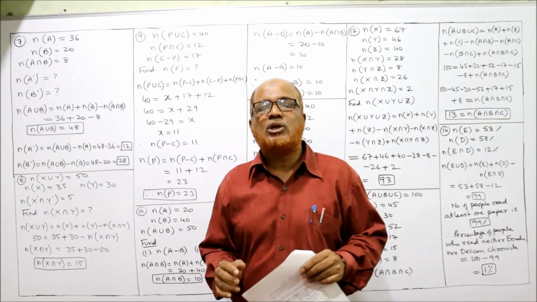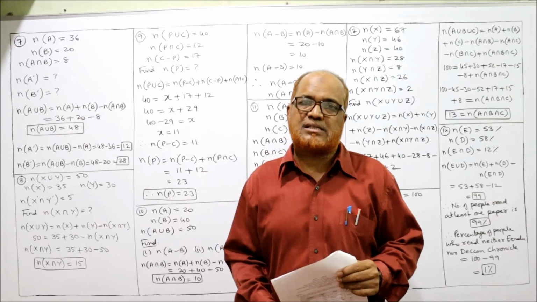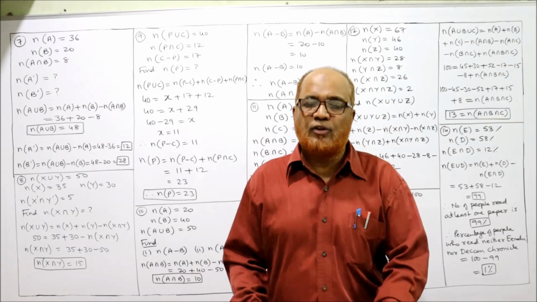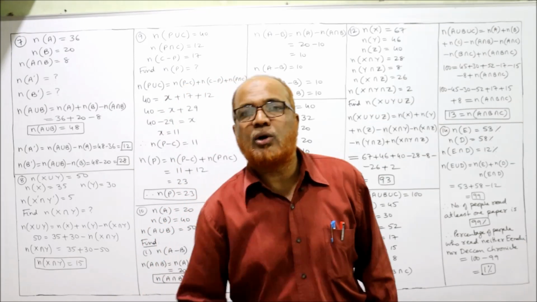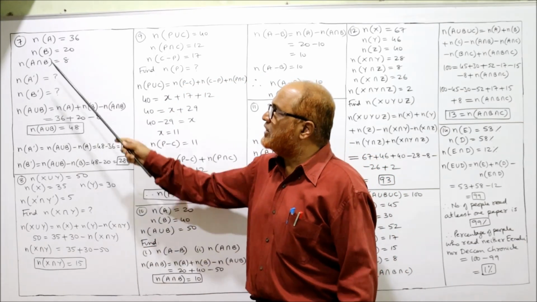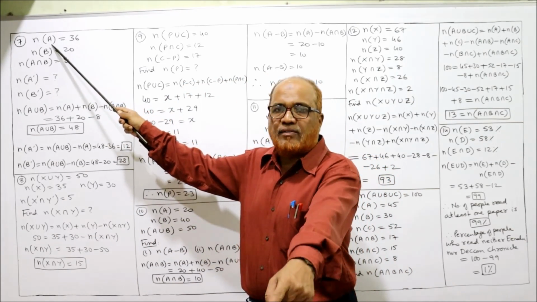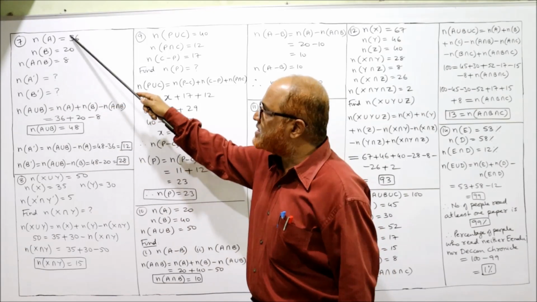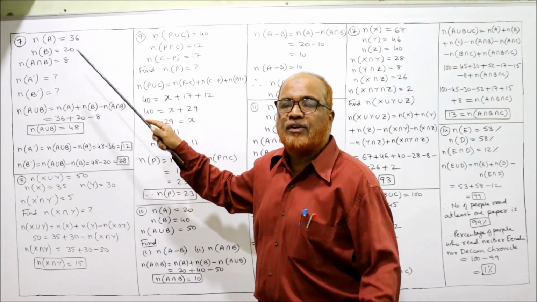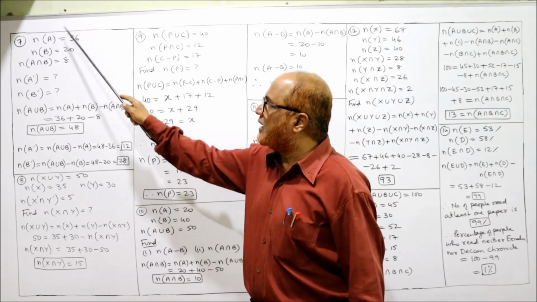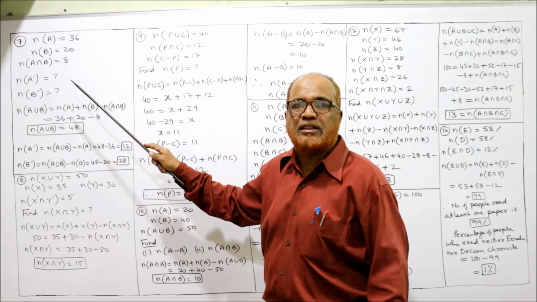From here onwards, you have to remember a few formulas. In set operations, a few formulas are there. Those formulas you have to remember. Now here, 7th problem. Whatever is given in the problem, first I am writing it down. We don't require the problem now after writing all the ingredients given in the problem.